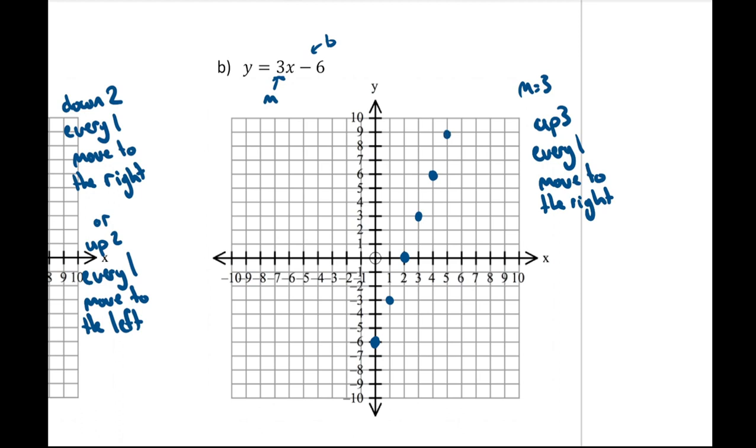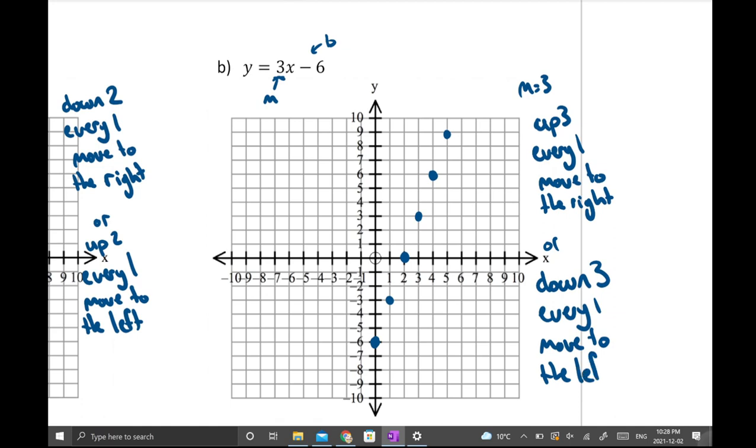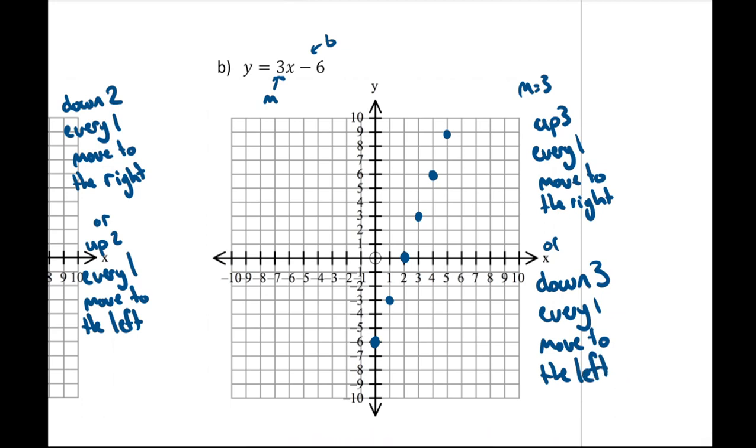If I want to go in the other direction, because my line can go in the other direction, I can reverse the pattern and do the opposite: down 3 every one move to the left. So if I go back a position, I'm not at negative 6, I'm now at negative 9. I can't really go any further, so that's as far as I'm going to go.